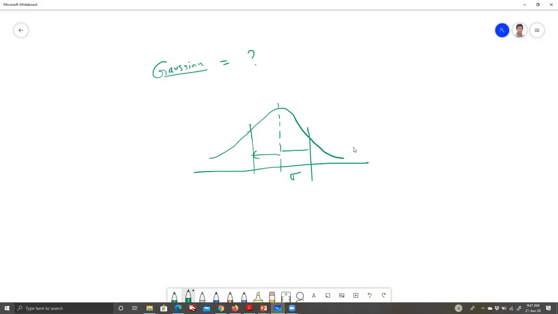Can anyone explain to me? 95% of the data will fall between minus 3 sigma and plus 3 sigma. That is right, a good mathematical observation. We understand, but what does a Gaussian achieve? Let's say I apply a Gaussian filter. What should I be able to achieve?